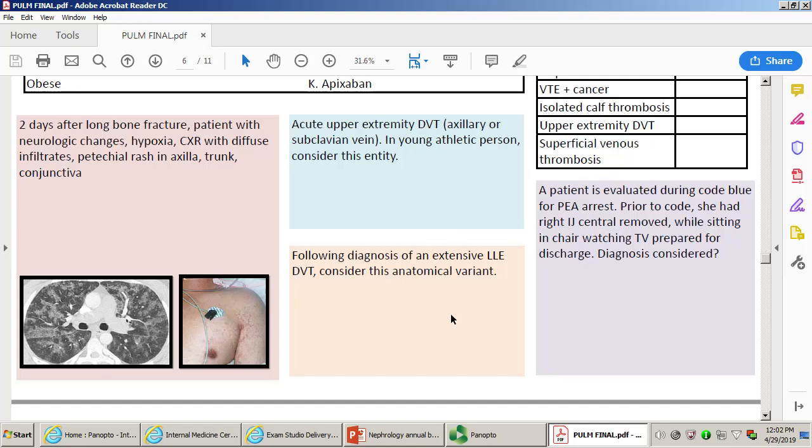This is similar, but in the leg, usually on the left side. May-Thurner. And why does that happen? Anatomically, right.